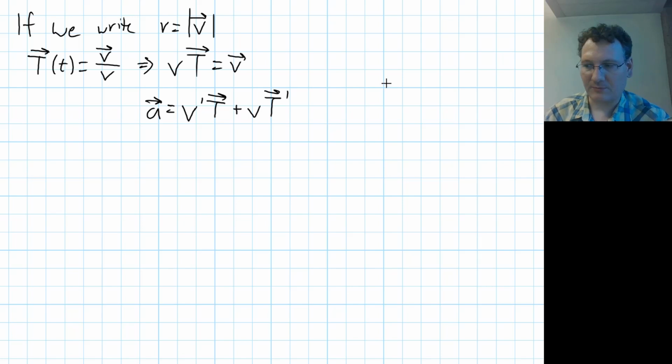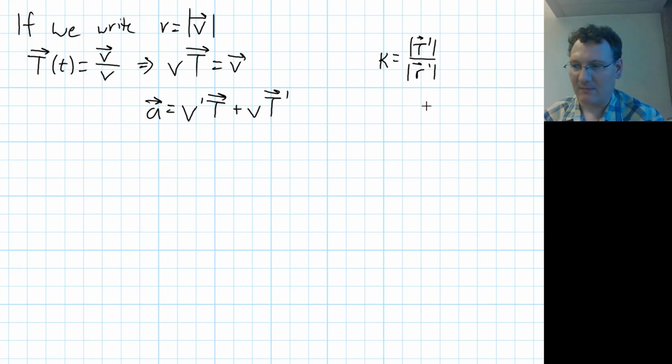And if you recall, the curvature is the magnitude of the derivative of the tangent vector over the magnitude of the derivative of r, right? Which we can write as the magnitude of t prime over the speed. So we can actually write kappa times v is equal to the magnitude of t prime.